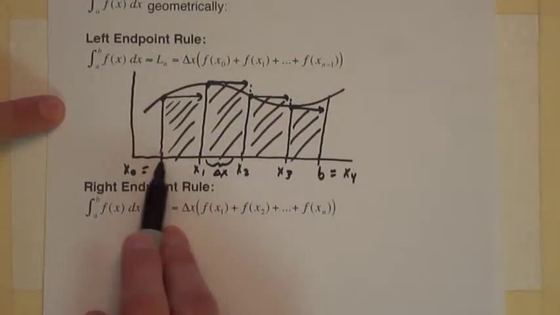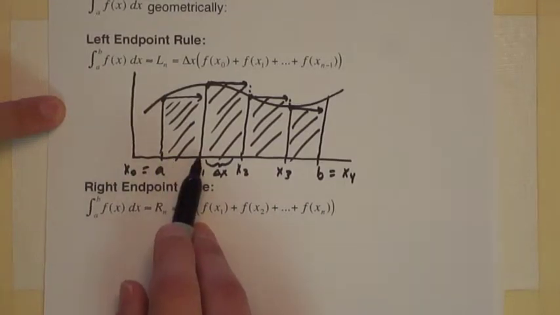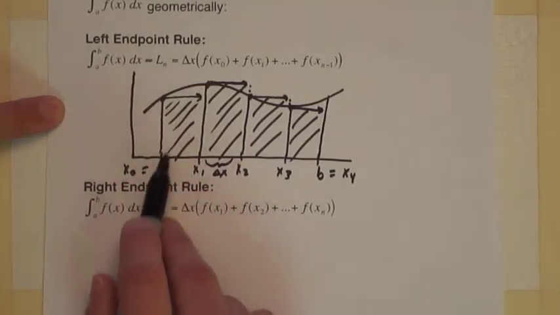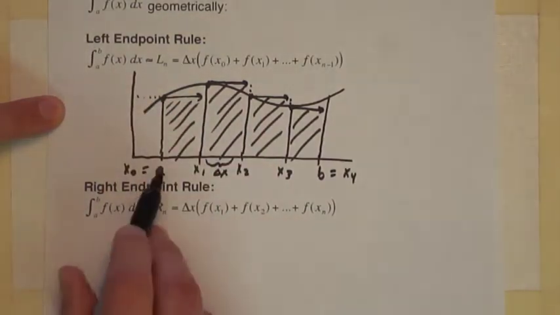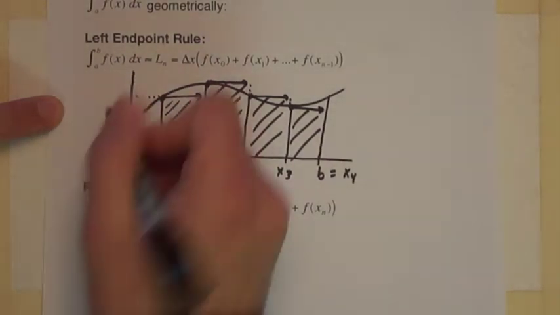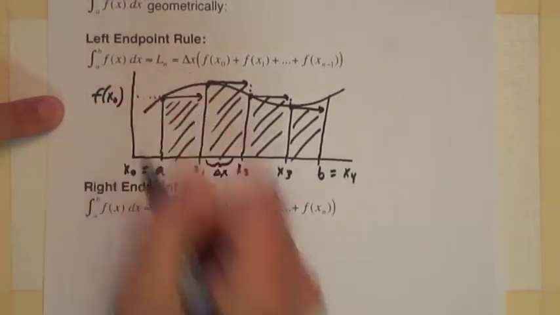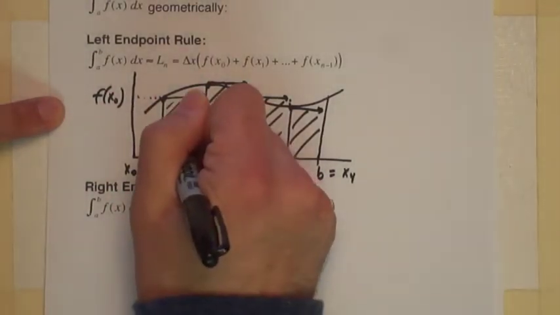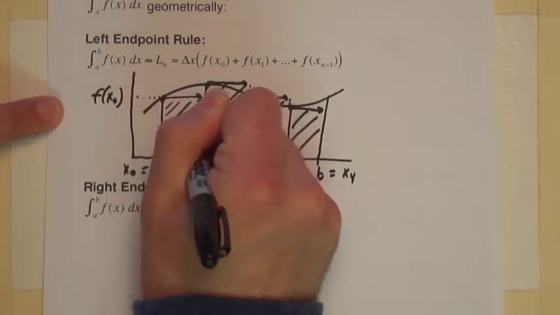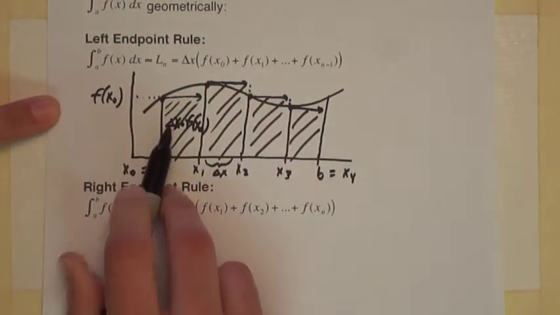That would be base times height. The base is delta x, and the height is this point, which is the function value at x0. It's the height of the graph. So the area of this rectangle is delta x times f of x0.